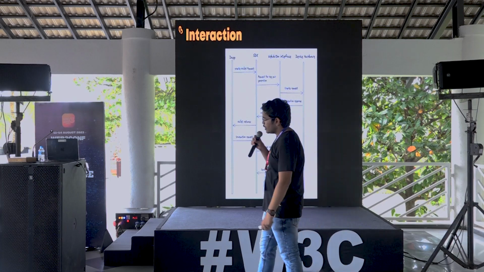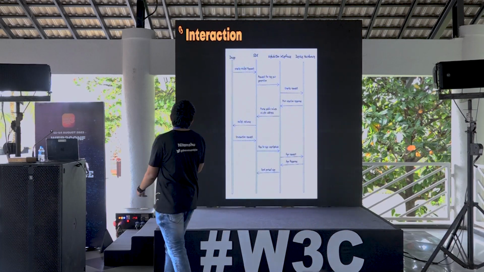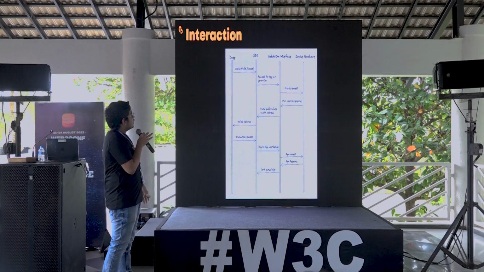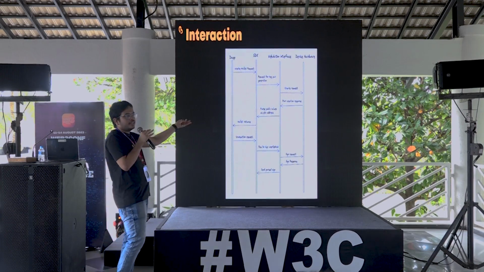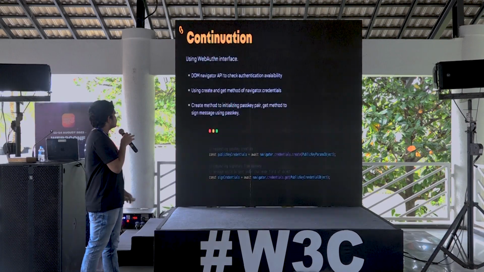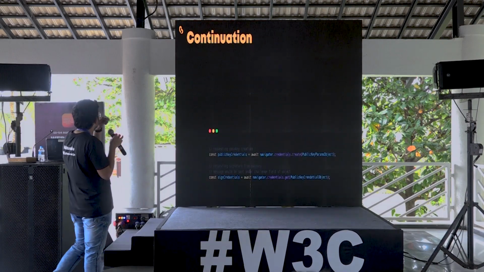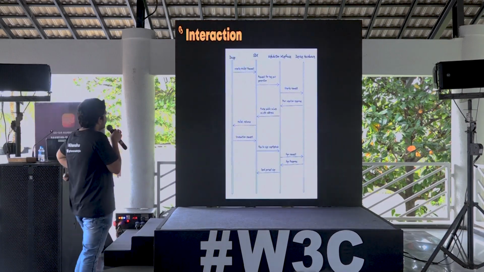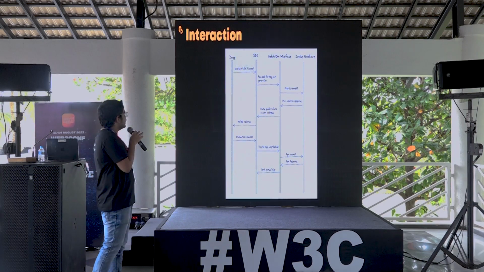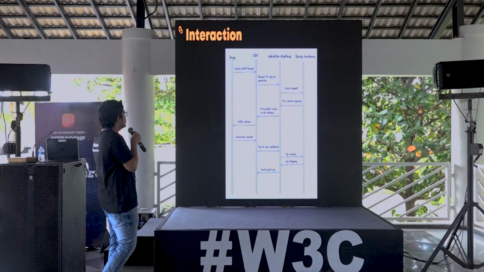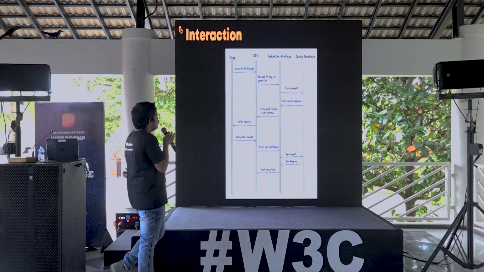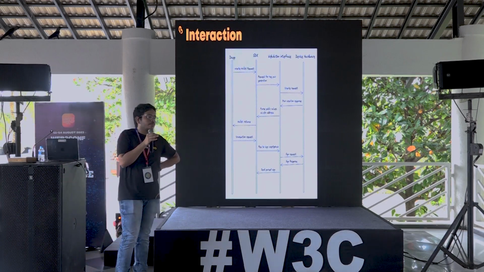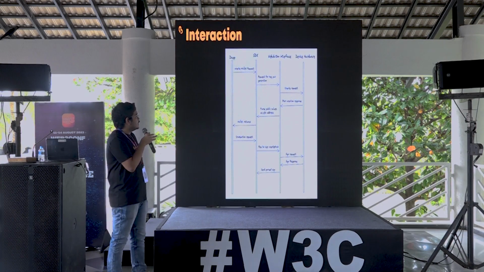Let's see how it looks if a DApp integrates our SDK. So here's the timeline: the first is for the DApp, the second is for the SDK, the third is for the WebAuthn interface, and the fourth is for device hardware. Let's say from the DApp we got the request for creating a wallet. The SDK receives that request and requests the WebAuthn interface to generate the key pair, and that request goes to the device hardware.